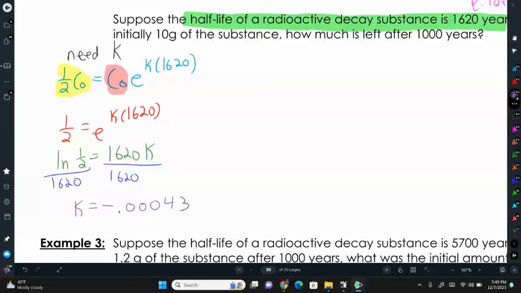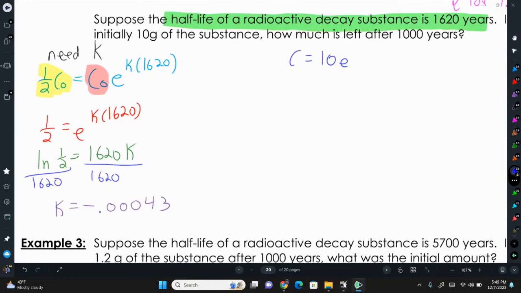Now that we have that k value, we can go over here and say how much is going to be left after 1,000 years if I start out with 10. So C equals 10 times e to the kt power. Well, k we calculated was negative 0.00043 times 1,000.